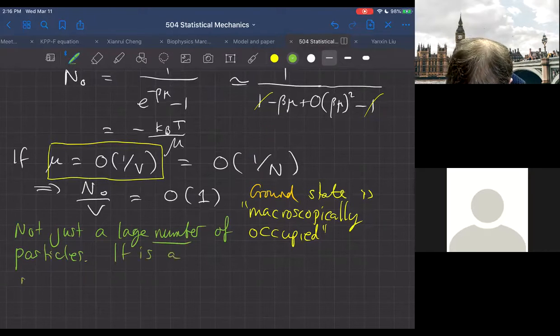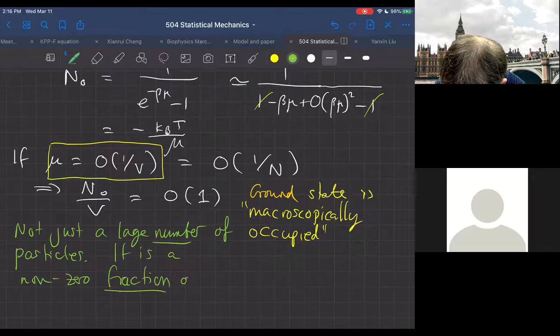It is a non-zero fraction of particles as you take the thermodynamic limit.